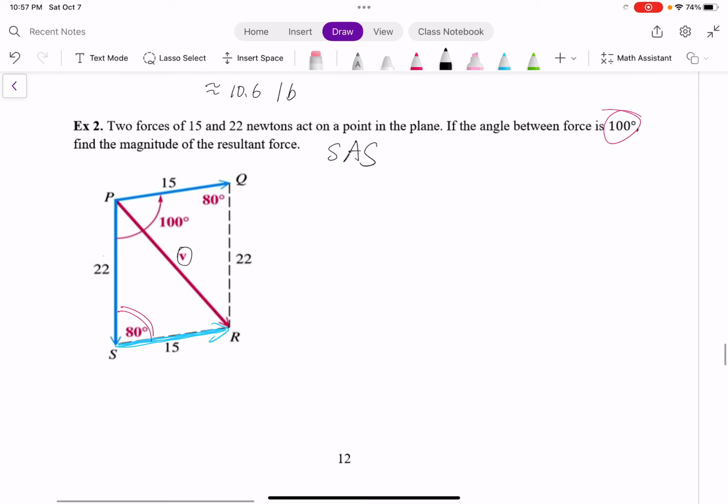V squared equals 15 squared plus 22 squared minus 2 times 15 times 22 times cosine 80 degrees.